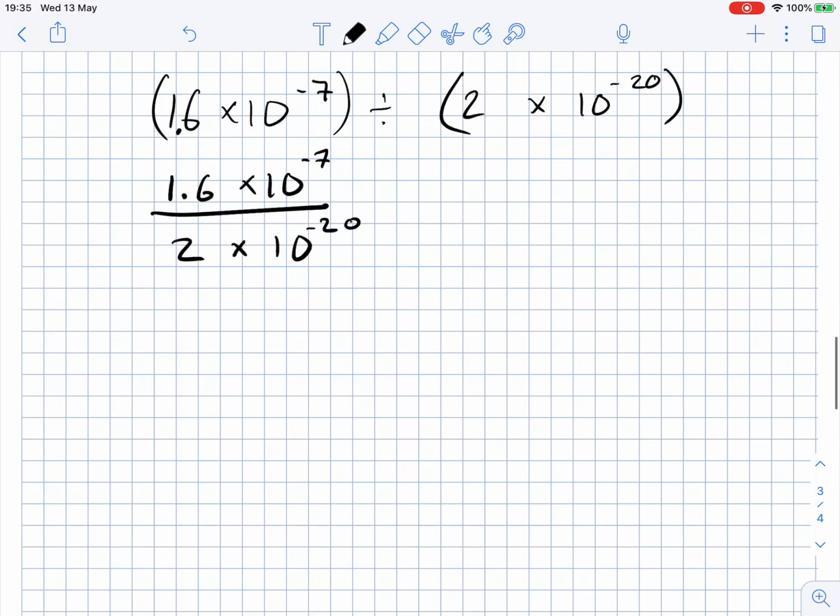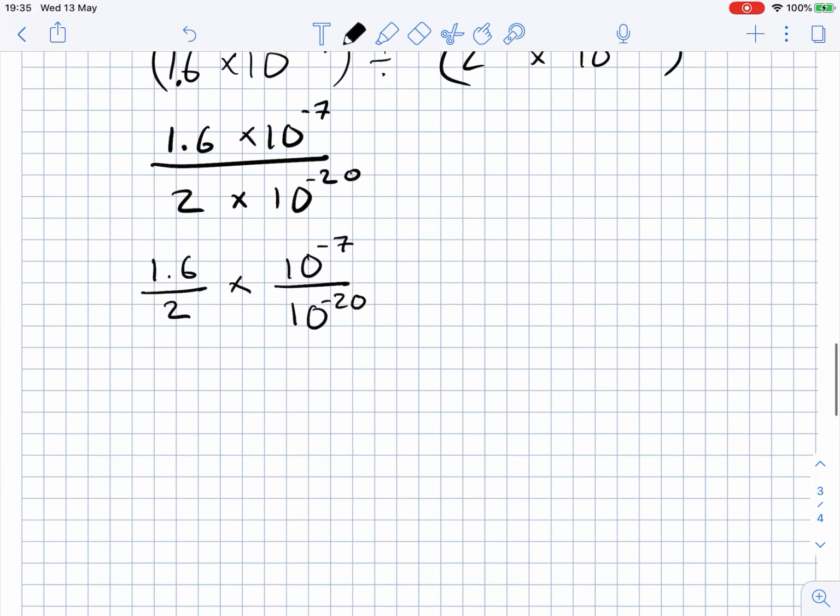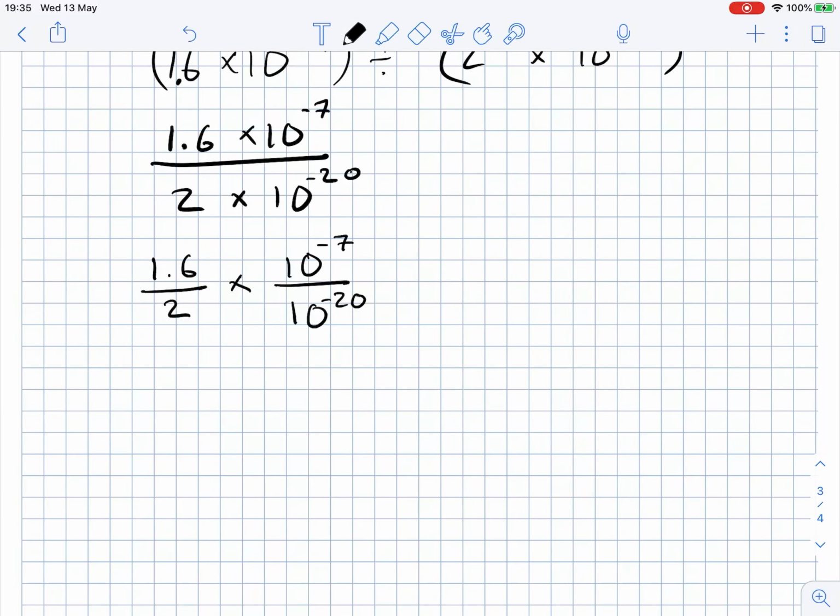And again, breaking it into fractions, I've got 1.6 over 2 times 10 to the minus 7 divided by 10 to the minus 20. Now this is a little bit tricky.